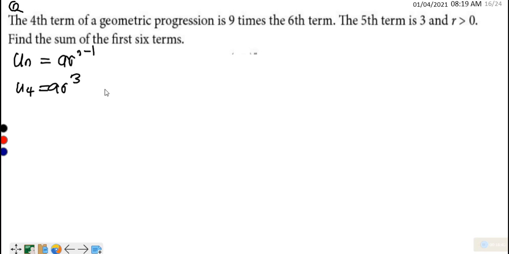It's 9 times the sixth term, and the sixth term, u6, is ar raised to the power 5. So now we said the fourth term equals 9 times the sixth term, so ar cubed equals 9 multiplied by ar5.